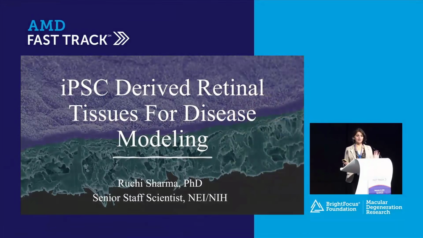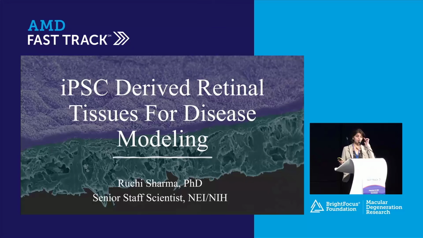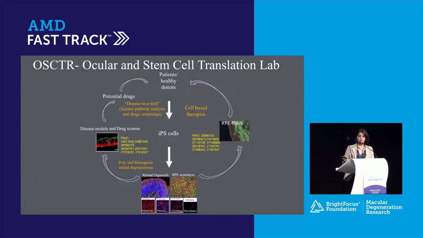So what I will do, I'll talk about the iPSC technology and how you can use this tissue for disease modeling. Primarily for this meeting it is macular degeneration, but I do have a few slides talking about some IRDs. This is what we do in the lab.